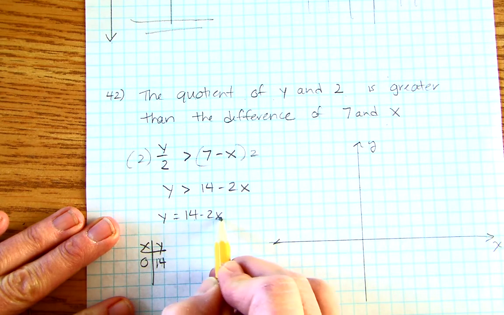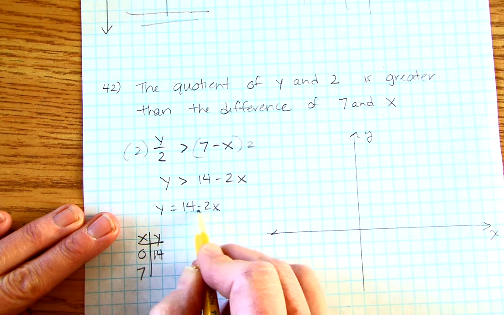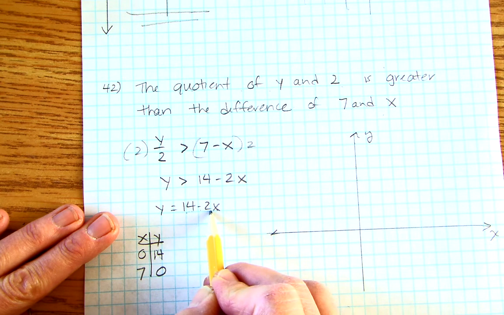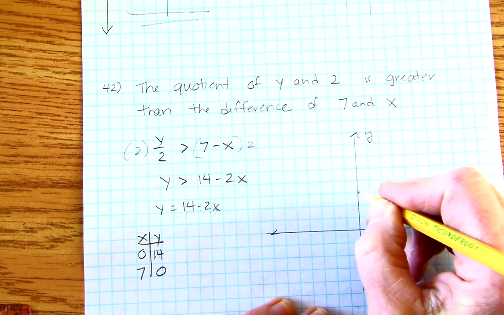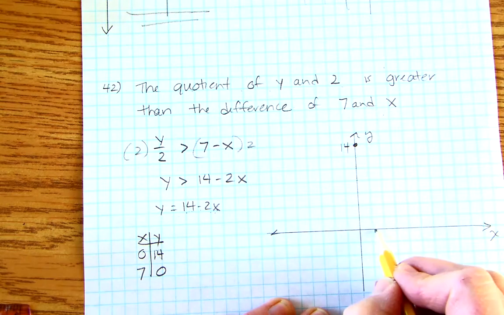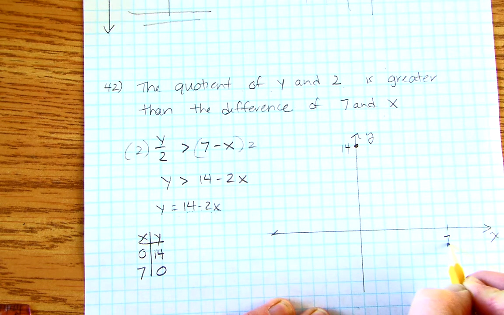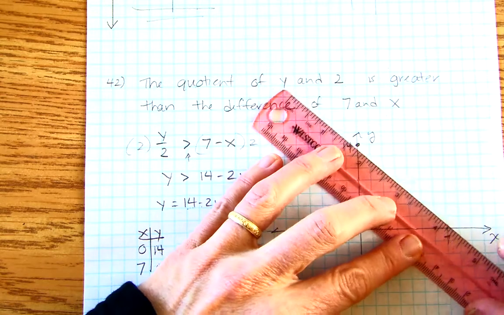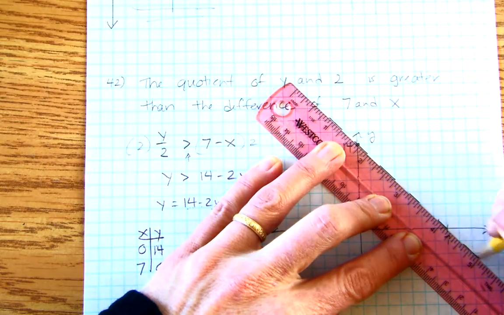If x is 0, and x is 0, y is 14. Then I'll plot points, 1, 4, 5, 7.